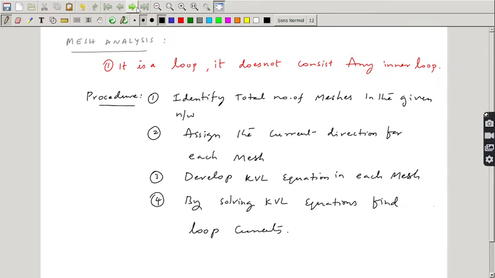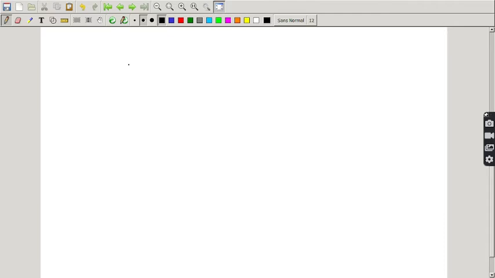Let's take a small example. Find the mesh or loop currents in the given network. This is the question asked, and the circuit is given like this.